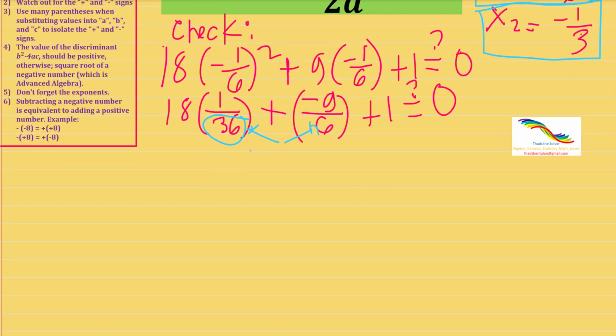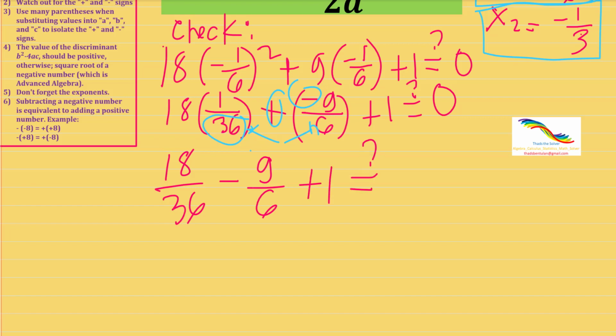So this will be 18 over 36 minus, again that is plus minus. Remember our tips video. So this is now minus 9 over 6 plus 1. Is that equal to 0? We're doing this step by step, right? So factor this out.